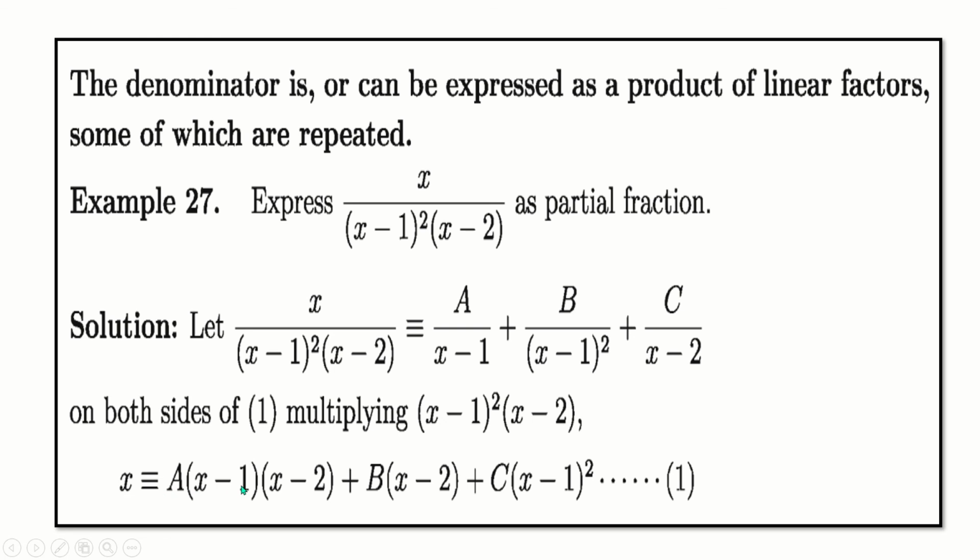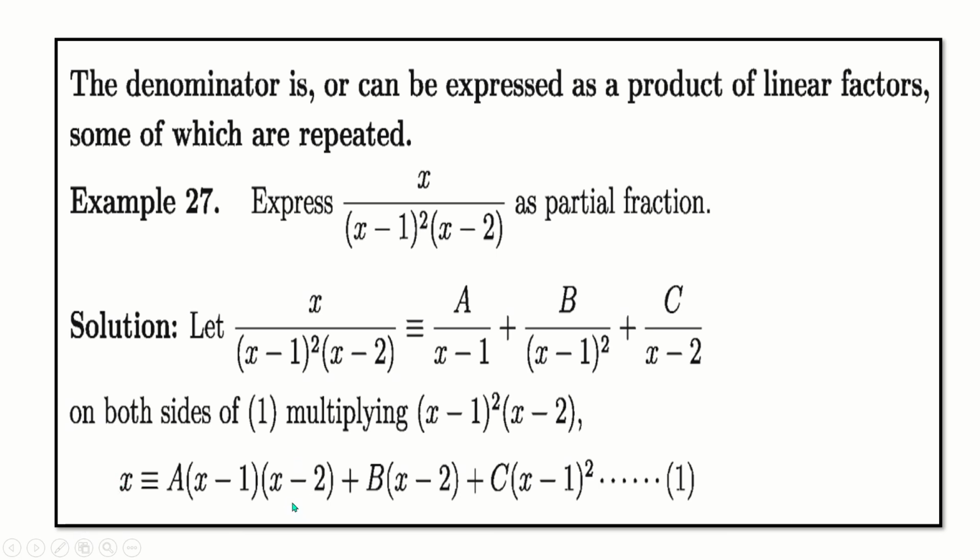ax minus a into x minus 2. That means that will be ax square, then a minus ax, then 2ax, then 2a. 2a, there is no x, so 2a is a constant, plus 2a, and left side 1.